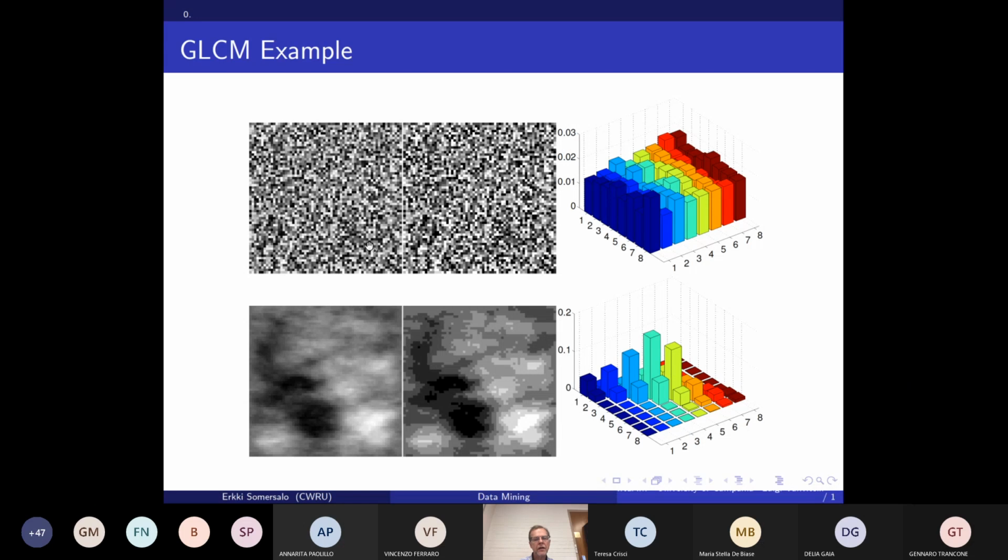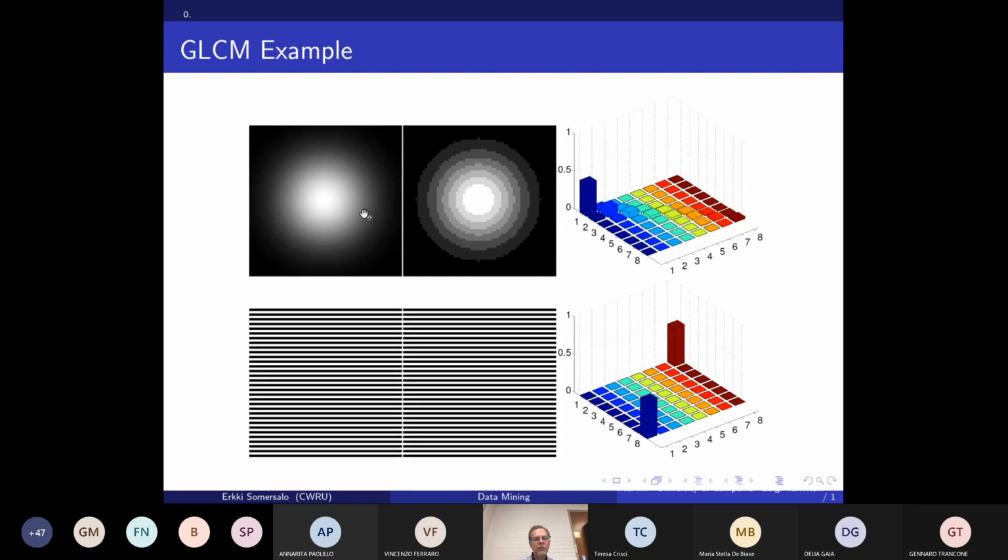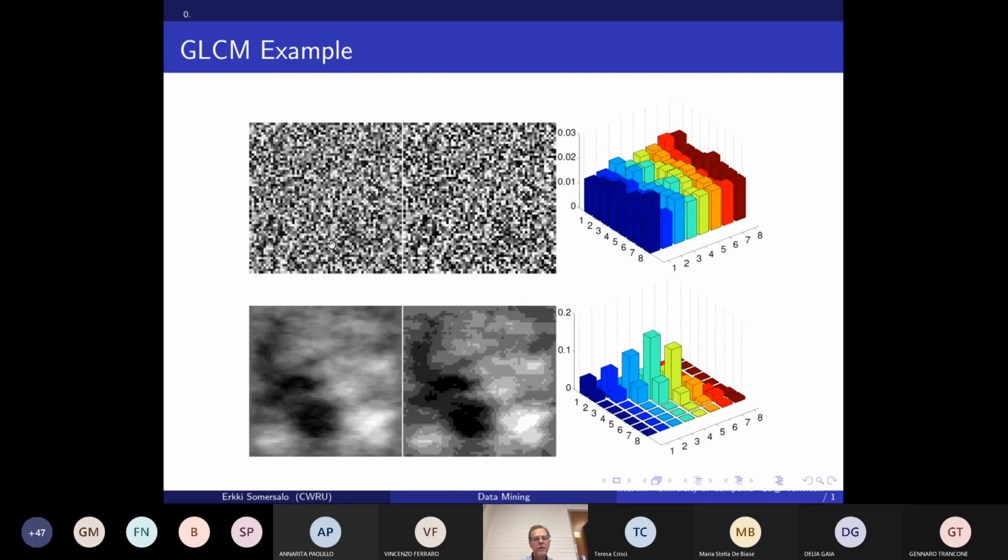So I have generated 4 types of simple images. Here we have a white noise picture. Well, not really white noise, it's a noise picture. I drew the pixel values from uniform distribution 0, 1 independently. So each pixel has a grayscale value, which is independently and uniformly sampled from interval 0, 1.